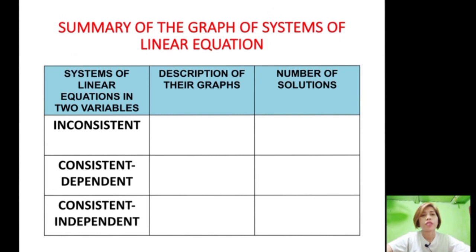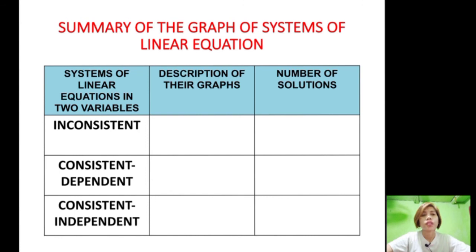Ayan. So, summarize po natin yung ating pong natutunan kung about po sa graph po ng systems of linear equation in two variables. So, here, ano-ano nga po yung mga systems? Tatlo po yan. Meron pong inconsistent, merong consistent dependent, at merong consistent independent. So, i-fill in po natin yung table po for the description of their graphs and the number of solutions.